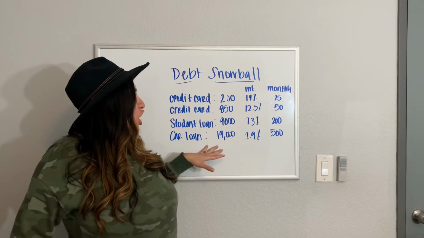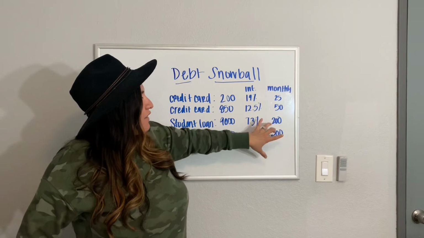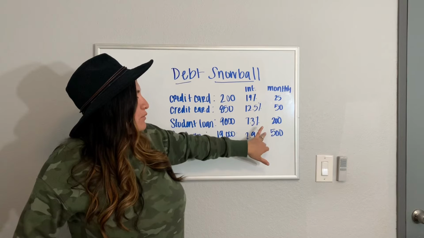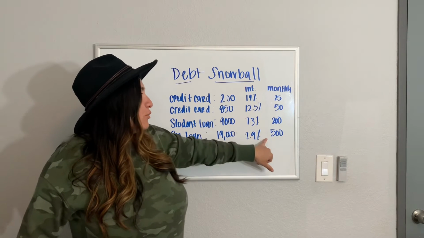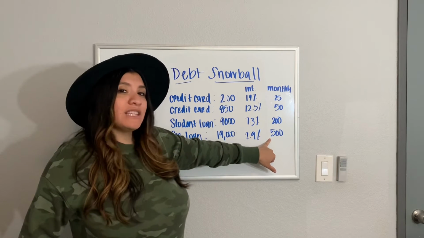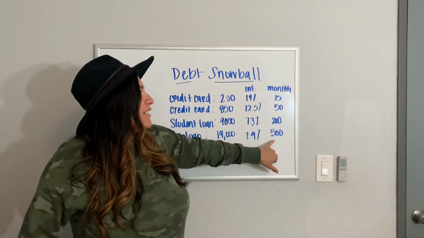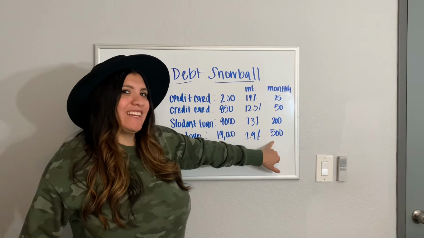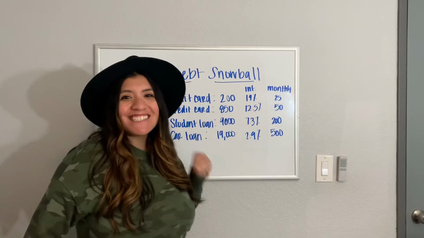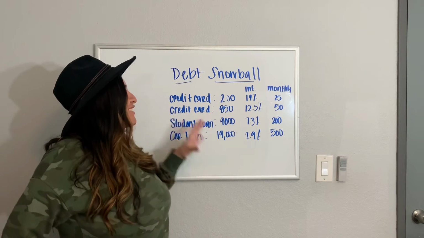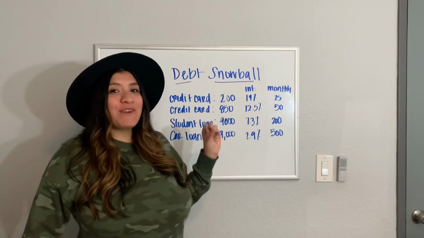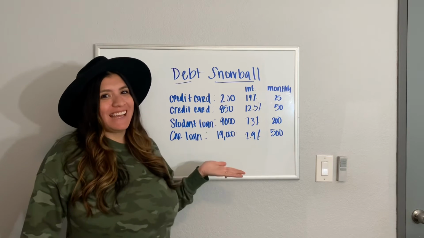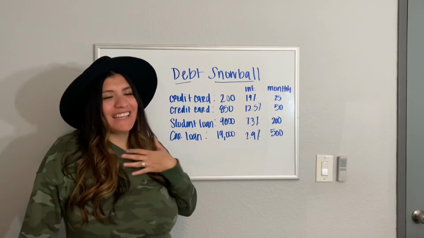And then when you get to your car loan, you're going to have the $275 now moved into this one. So then your car loan will now be getting a monthly payment of $775. That just excites me because when you use the Debt Snowball, your wins are going to be faster and it's way more exciting, I feel like personally.